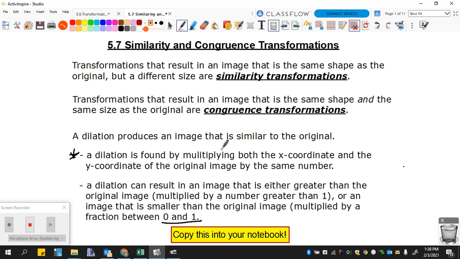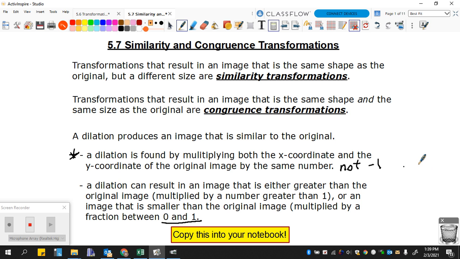Either a number bigger than 1 or a number between 0 and 1, which would actually be a fraction. The only thing is that that number cannot be -1, because if we multiply both the x and the y by -1, that is a congruence transformation of a rotation of 180 degrees.